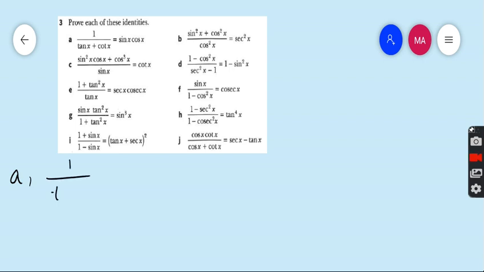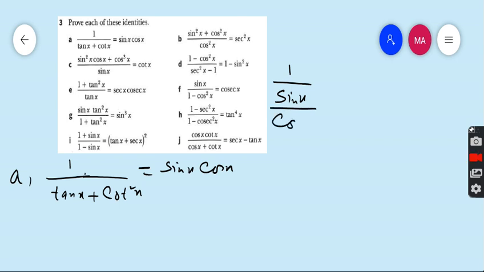1 upon tan x plus cot x is equals to sin x cos x. Very easy. Take left hand side. 1 upon tan x plus cot x. Tan x is what? Sin x upon cos x, plus cot x.